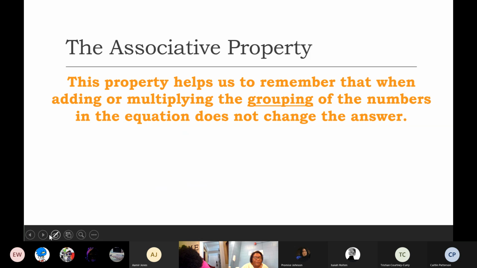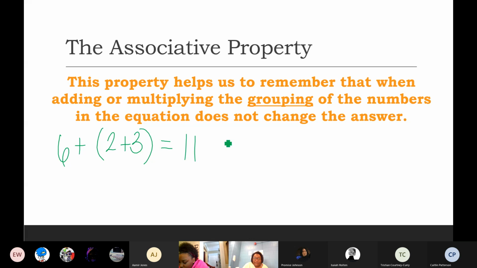Okay, so for example, 6 plus 2 plus 3 will still equal 11 if I were to write 6 plus 2 plus 3 with the grouping changed.